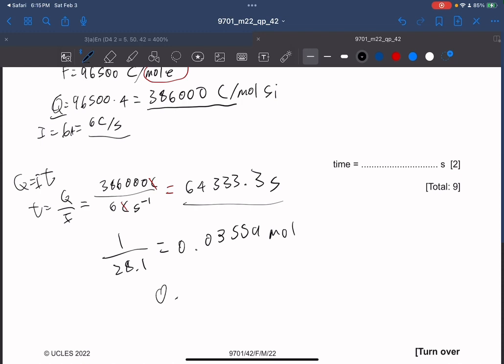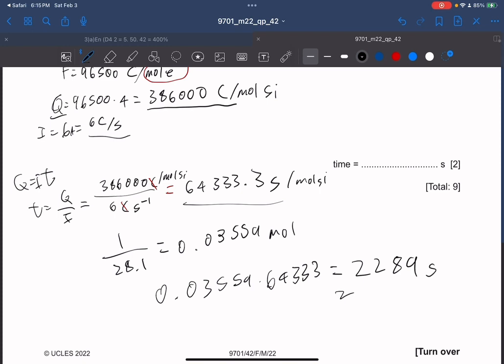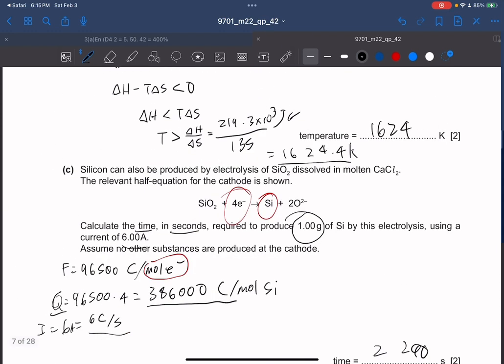So basically what we could do here is 0.03559 times 6,433.3 equals 229 seconds. We're gonna round it off to 229 seconds. It's only worth 2 marks, but it's a tough question in my opinion.